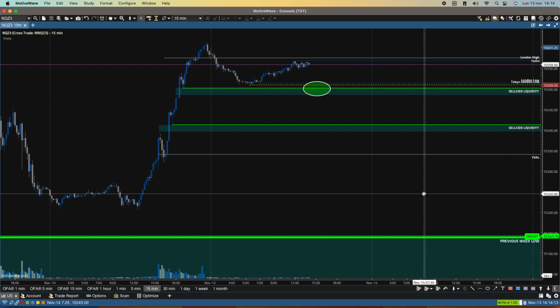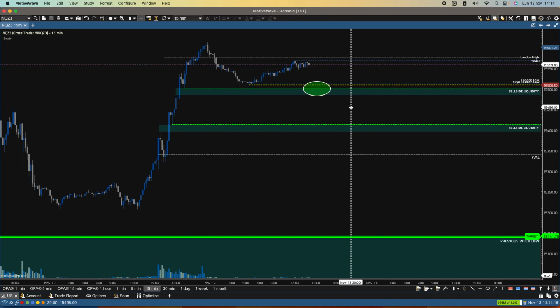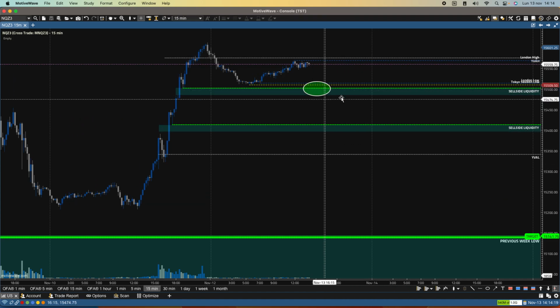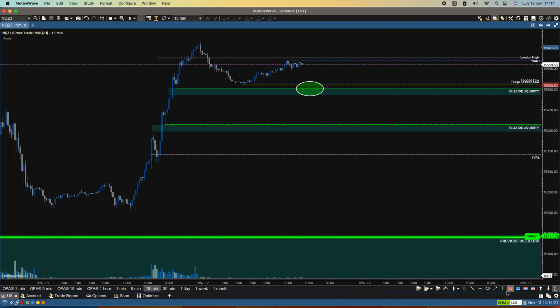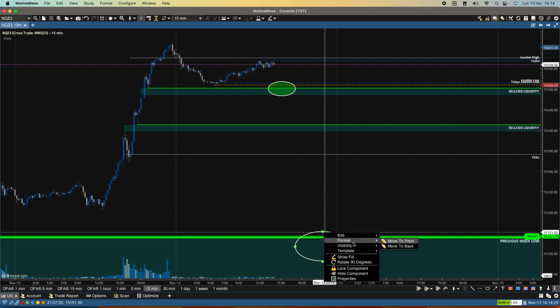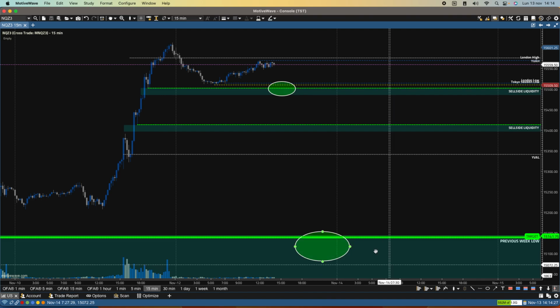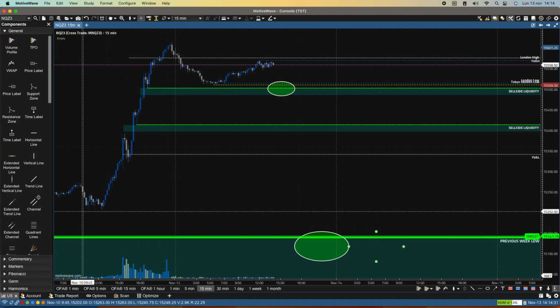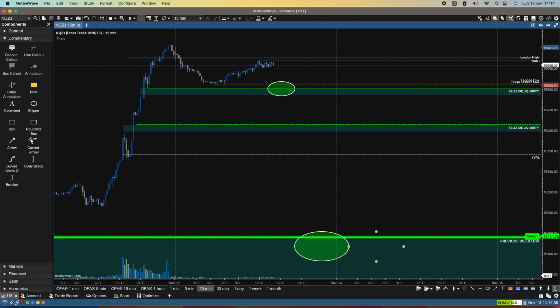The view is the same, I repeat: the view is bullish for the week, but probably price is going to grab the liquidity over here. So my perfect zone will be this one. I want to see price grabbing the liquidity over here to go long.